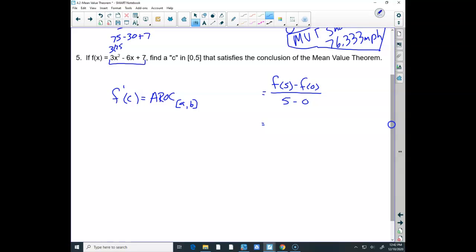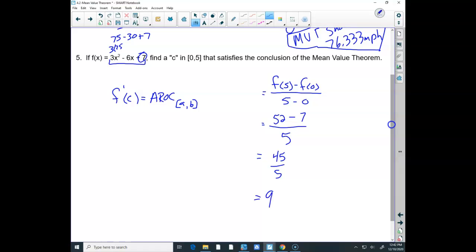So f of 5 is going to be 52, minus f of 0. Well, that's just going to be my 7. That's going to be divided by 5, which turns into 52 minus 7 over 5. That's 45 over 5. The average rate of change would have been 9.